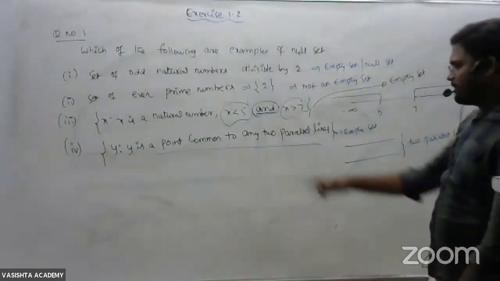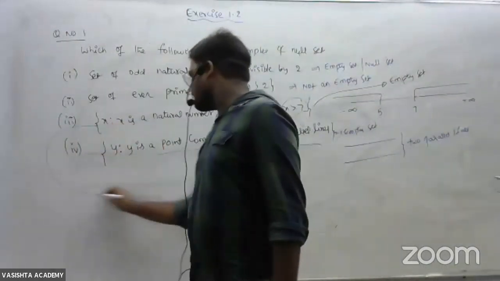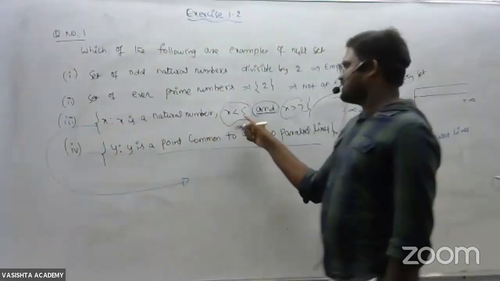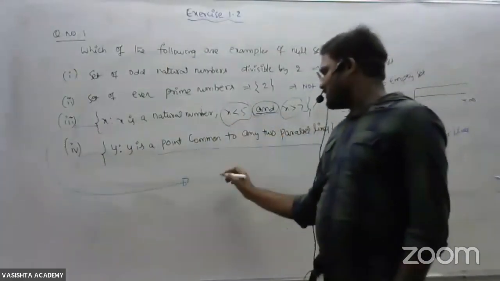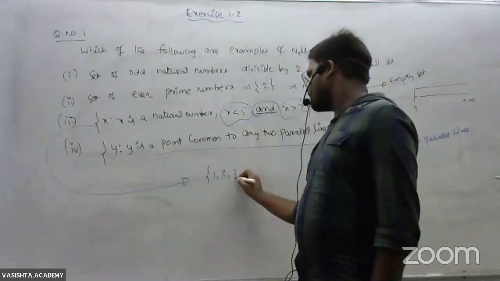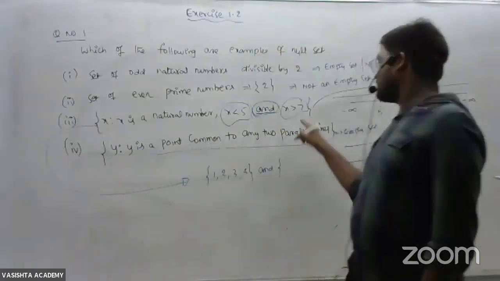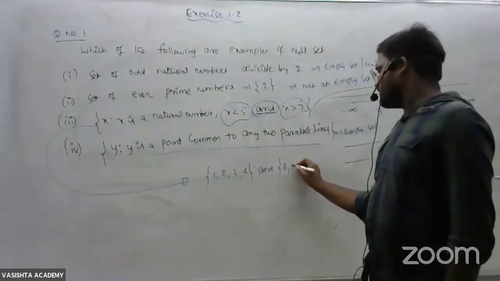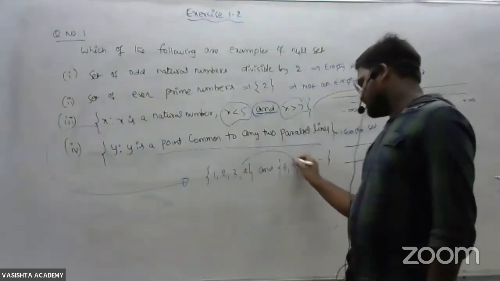Example 3. Okay, I'll show you another illustration for question number 3. X is a natural number which is less than 5 and greater than 7. Can you tell me the natural numbers which are less than 5? 1, 2, 3, 4 and greater than 7: 8, 9, 10, so on. I said and means simultaneously.